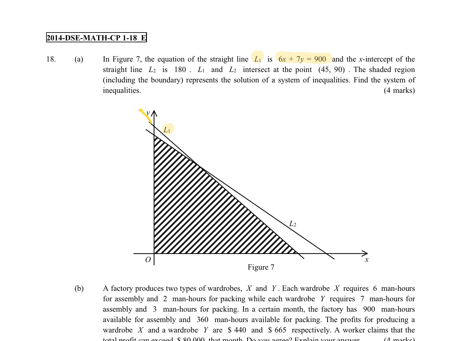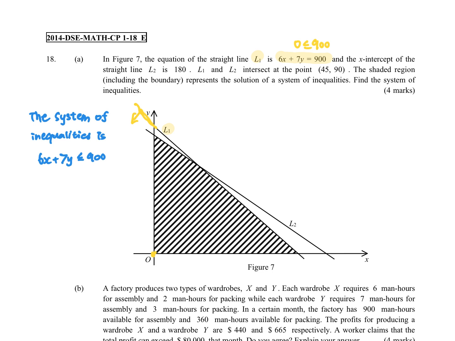For this line, we want this region, so you can see (0, 0) is one of the points satisfying the desired inequality. So we just try plugging in (0, 0): 0 is really less than or equal to 900. So for the system of inequalities, the first one would be 6x plus 7y less than or equal to 900.